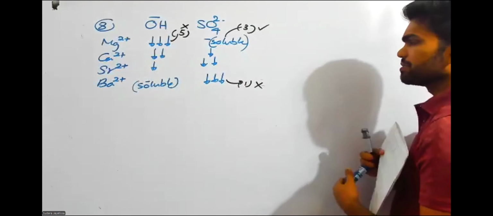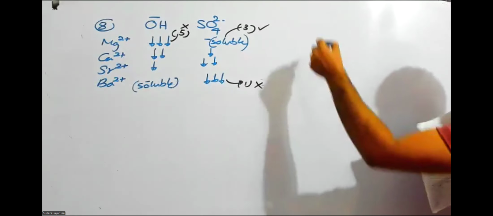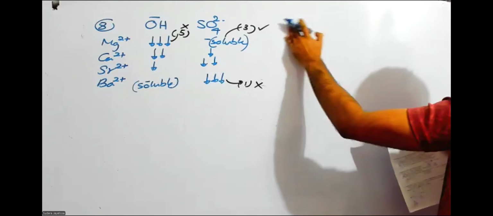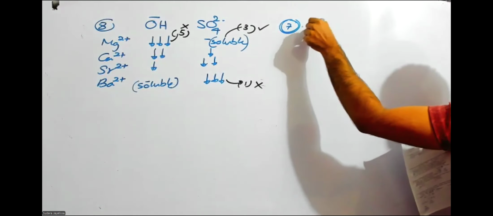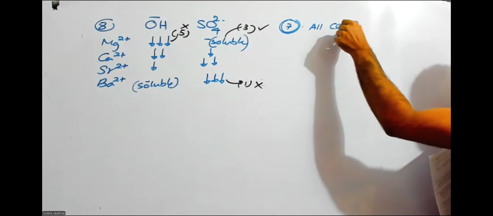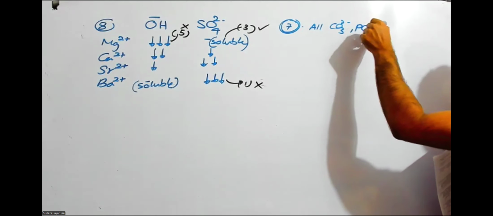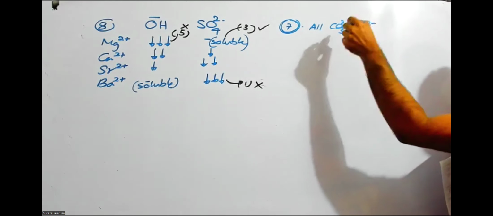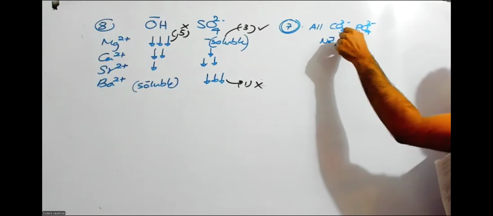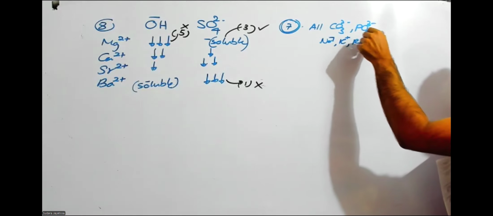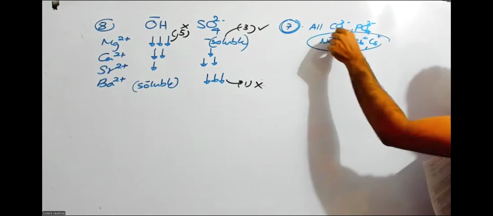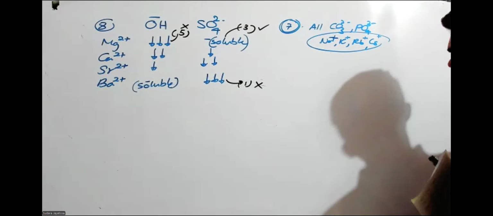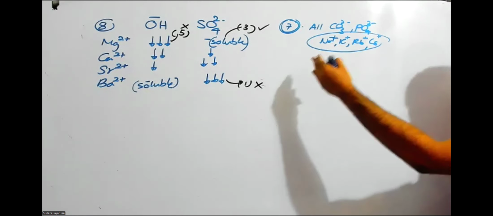And what about the other two? You have to go to the seventh rule. The seventh rule says all carbonates and phosphates are insoluble. Only compounds of sodium, potassium, rubidium, cesium, usually these group 1 cations, are always soluble.